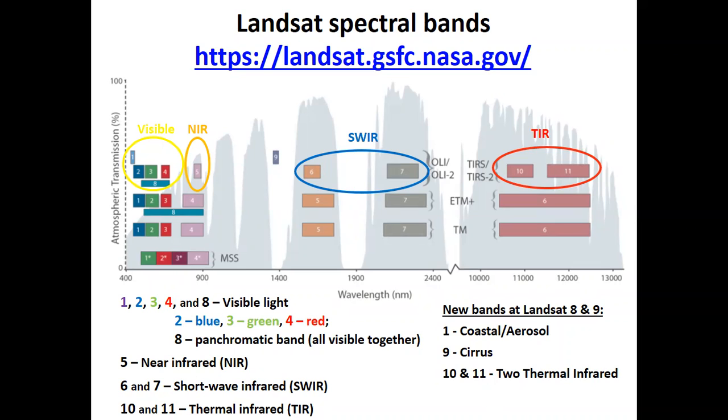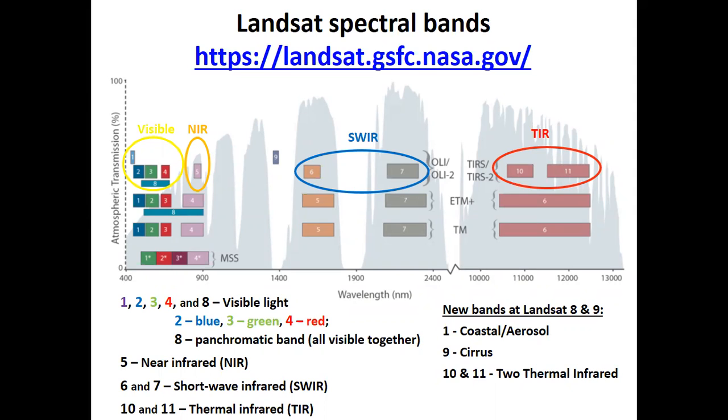In the latest Landsat 8 and 9, we also have some specific channels, like Spectral Band 1, the so-called ultra blue, visible light very close to ultraviolet, and band 9, which is a narrow band in the infrared, exactly in the area which is mainly dispersed or absorbed by the atmosphere.